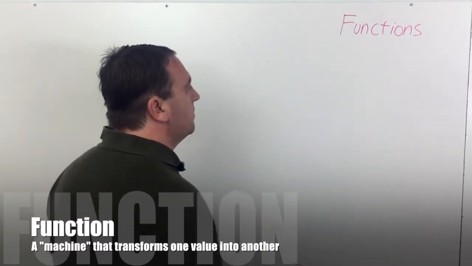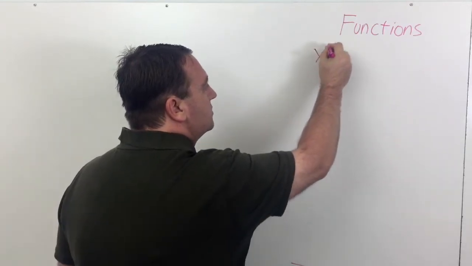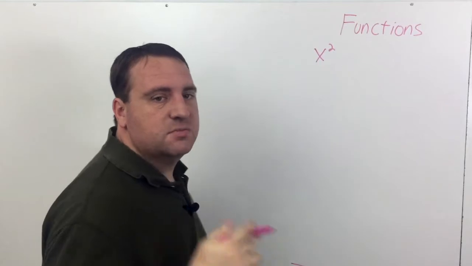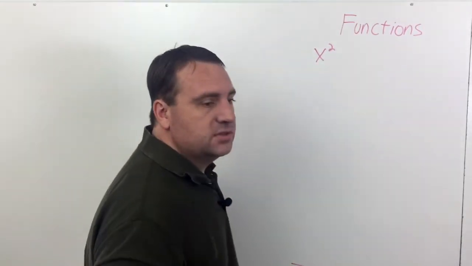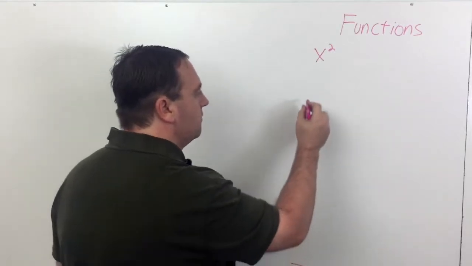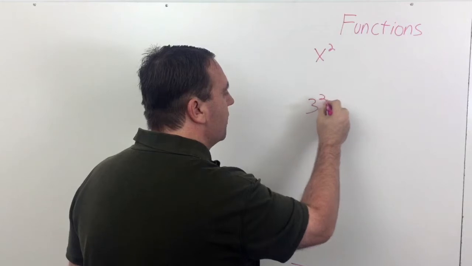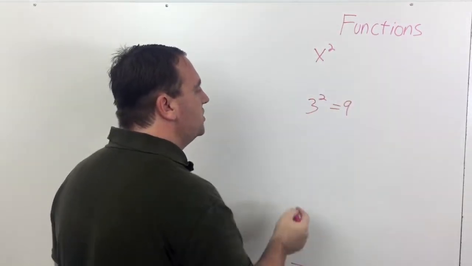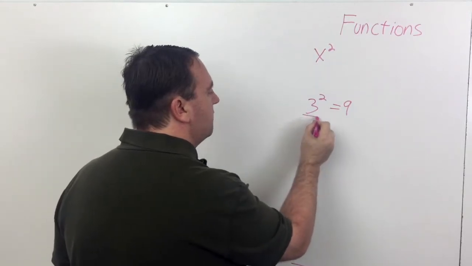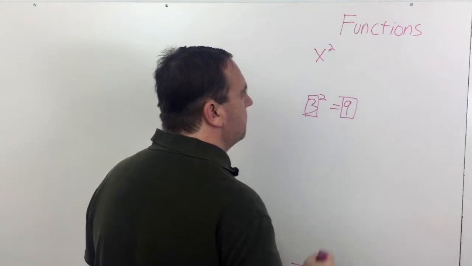So for example, if we say x squared, that is a machine that for any given x will produce its square. So if we put 3 in for x, we get 3 squared, and that's 9. So our function is a machine that takes our input value and spits out an output value.